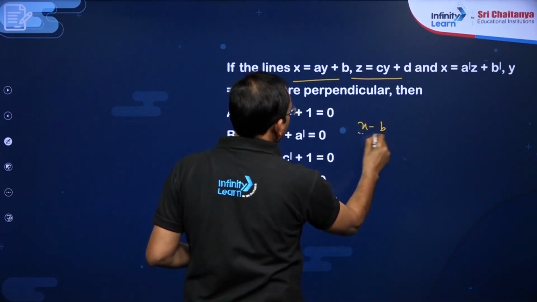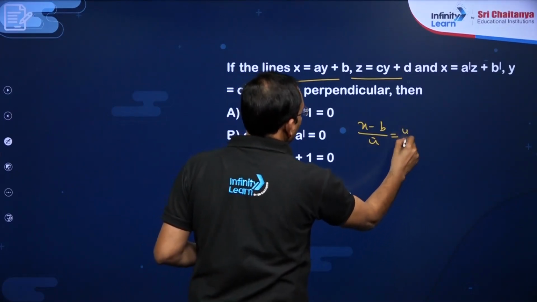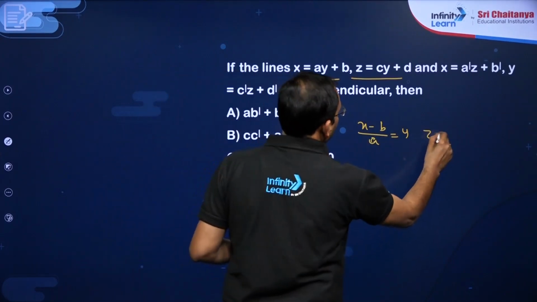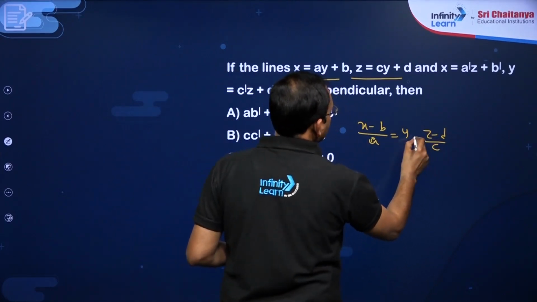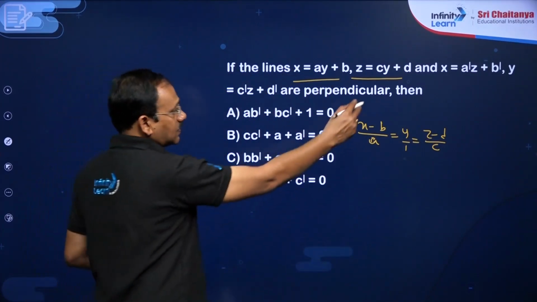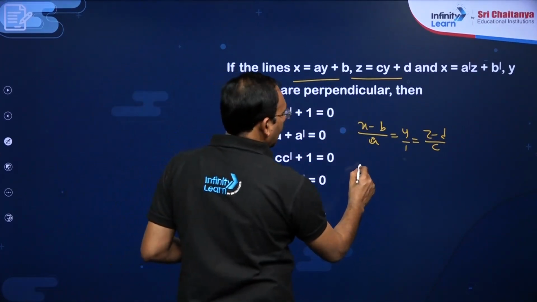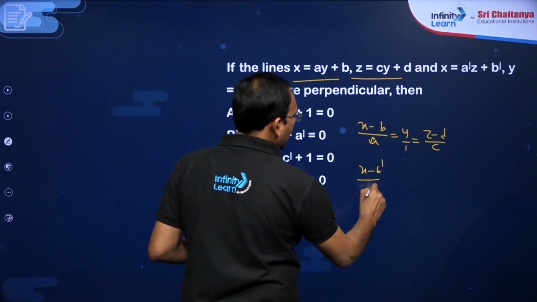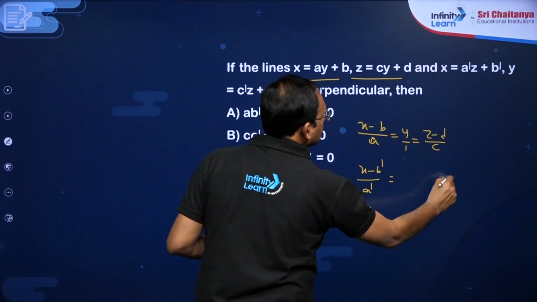X minus b by a is equal to y, z minus d by c is also y, so y by 1. Similarly, second, x minus b dash by a dash is z.